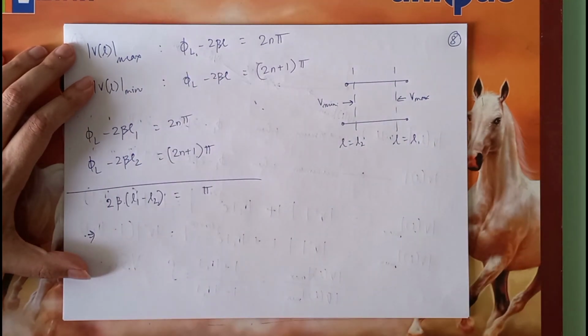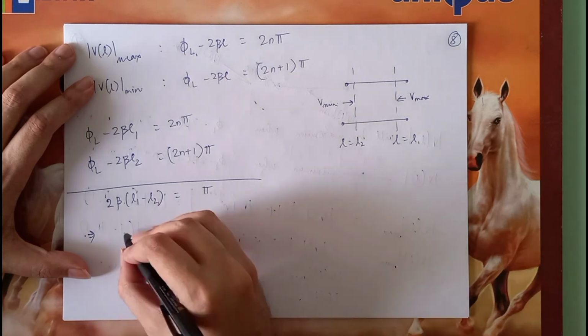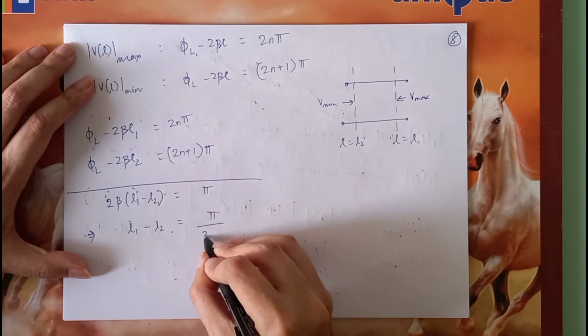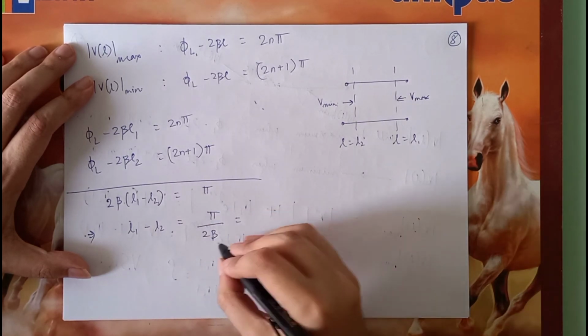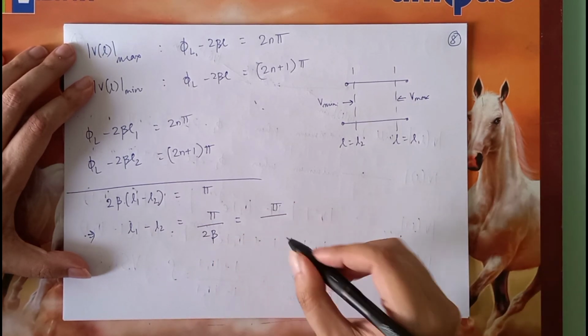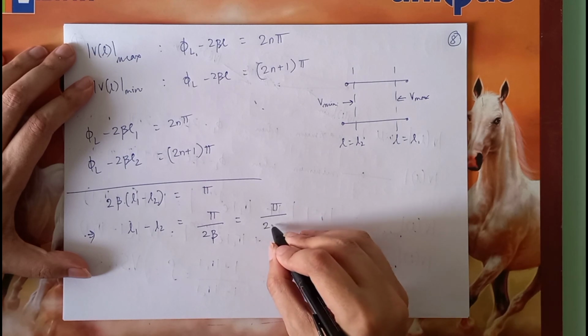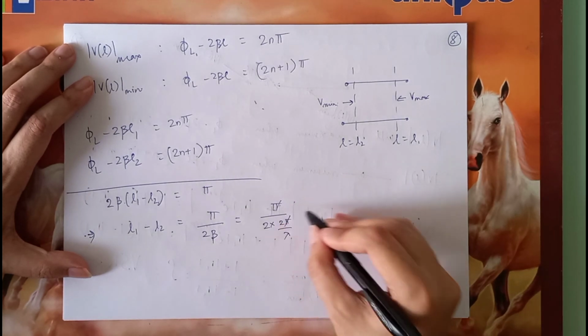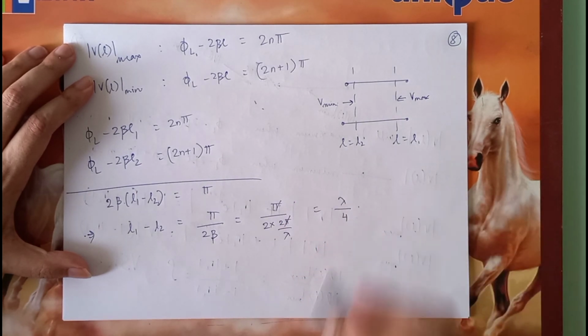So that means L1 minus L2 would be equal to pi by 2 beta, and that is nothing but pi divided by 2 into 2 pi by lambda, which is equal to lambda by 4.